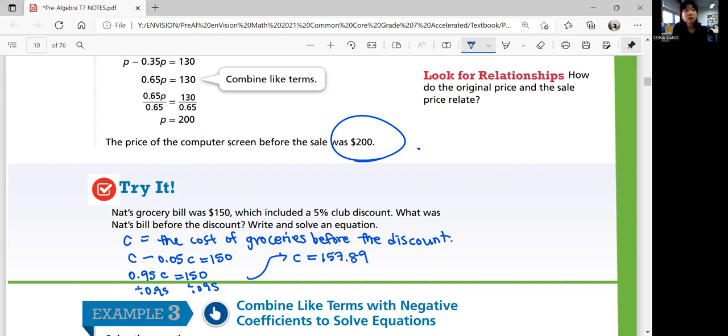And yes, it should be greater than 150 because 150 is after you got a discount. So just remember, if you got something smaller than 150, something's not correct, okay? So what was the bill before the discount? $157.89 is the correct answer.